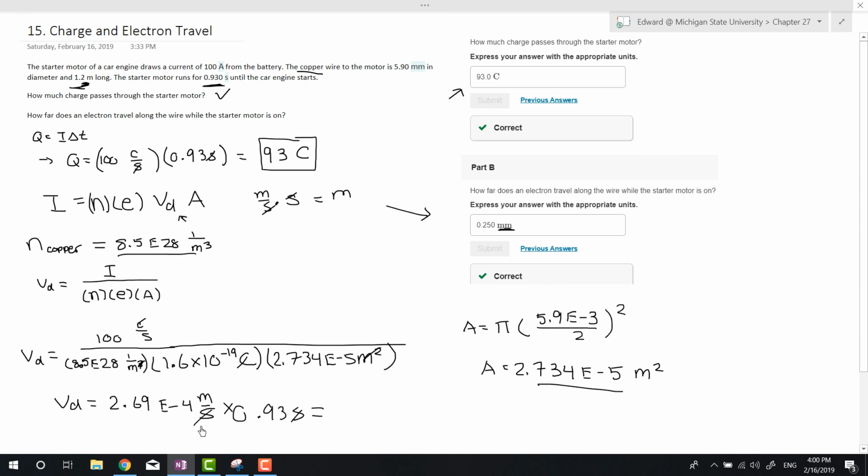Seconds cancel, and we are left with 2.501 times 10 to the negative 4 meters. Now we can convert that to millimeters, because that's what the answer is in. Multiply by 1,000 and we're left with 0.25 millimeters. That is a really short distance. And that's it, guys.